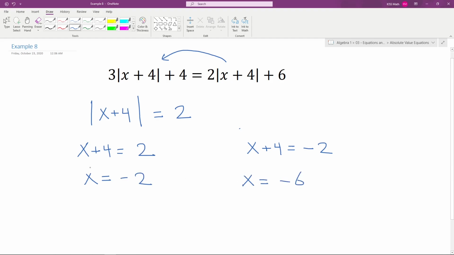Let me plug that back in there. So I'll do the negative 2 first. 3 times absolute value of negative 2 plus 4 equals 2, absolute value of negative 2 plus 4 plus 6.